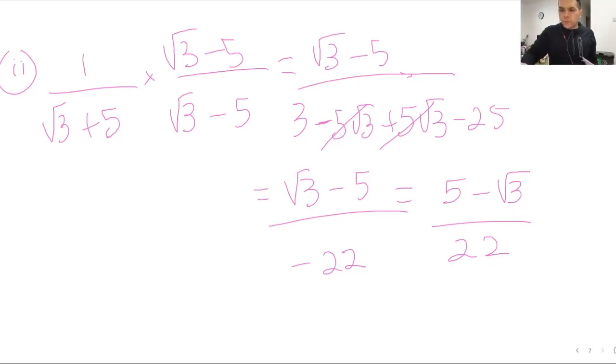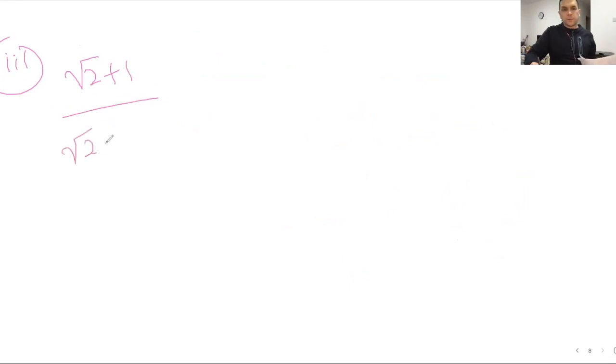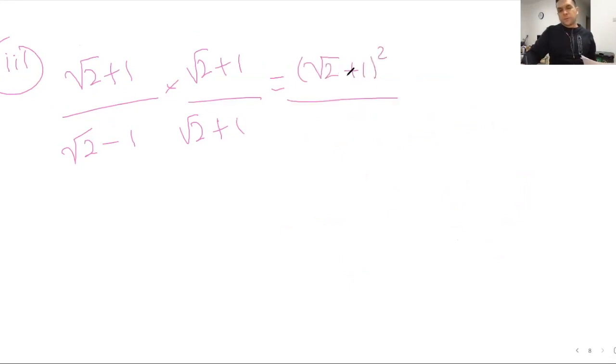All right, let's do another one, a little more complicated. So we have square root of 2 plus 1 divided by the square root of 2 minus 1. So our conjugate surd would be the denominator's, right? We're going to use it to multiply this: square root of 2 plus 1 over square root of 2 plus 1. So the numerator would be square root of 2 plus 1 squared. We can multiply it out, either answer would be okay.